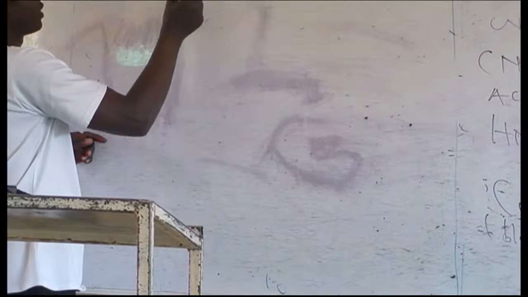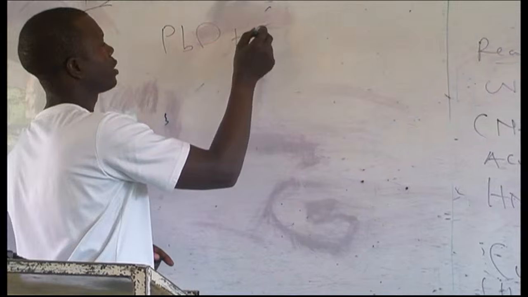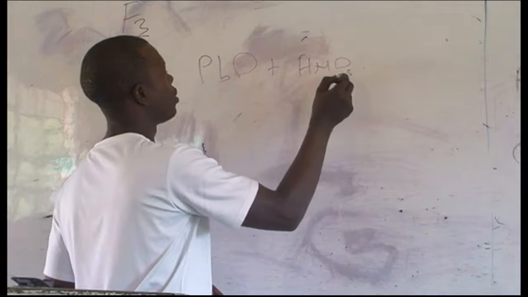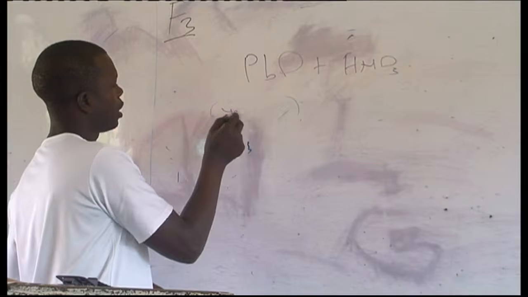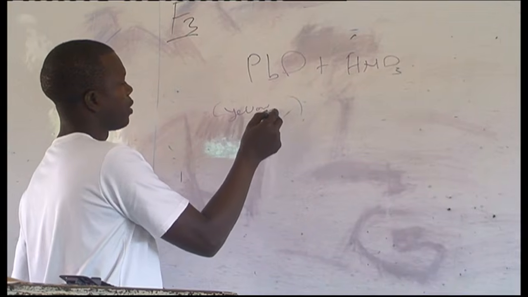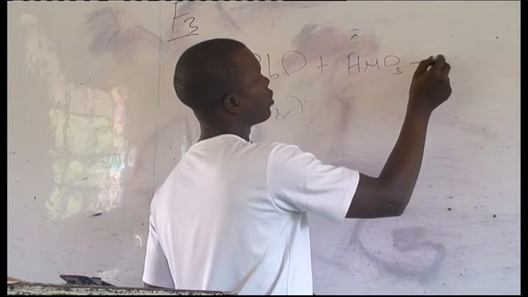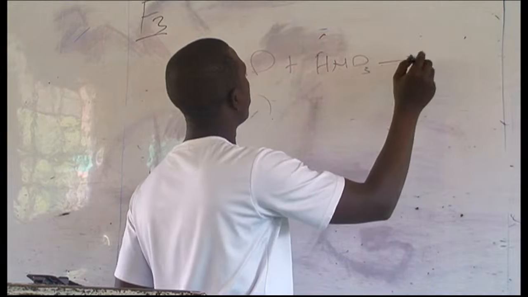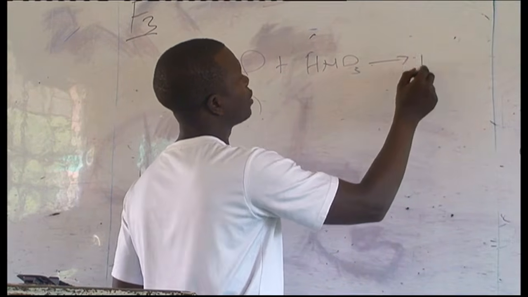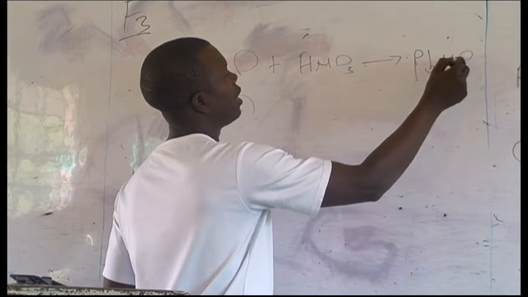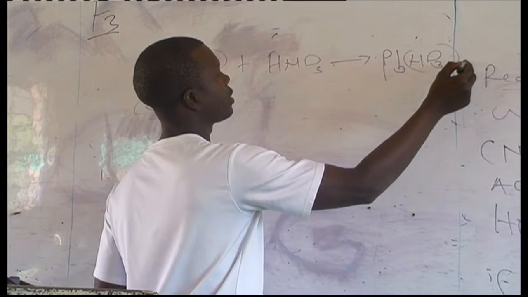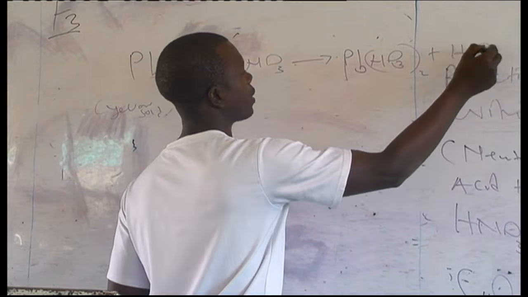Otherwise, when you have lead(II) oxide, it also reacts with nitric acid. Remember, lead(II) oxide is a yellow solid. So it will lead to the formation of lead(II) nitrate plus water.